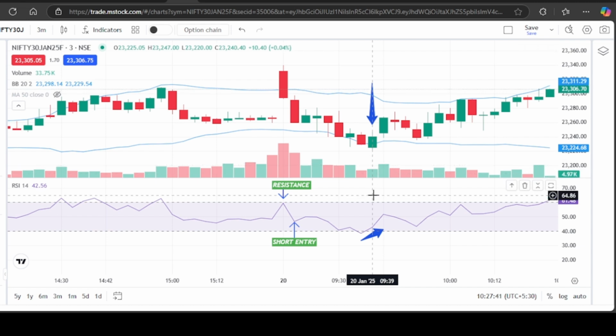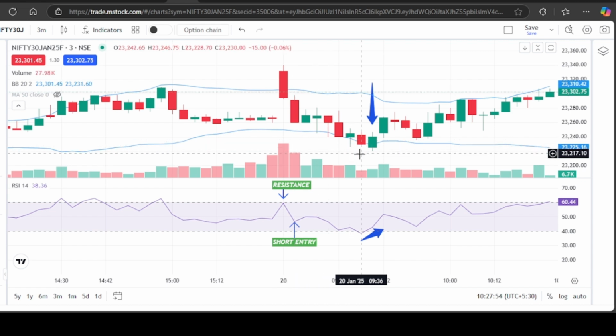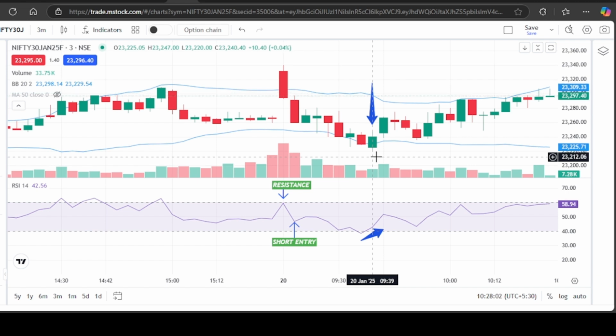Now 20 points is good, in a matter of how many minutes, 9:18 to 9:39. That means almost 20 minutes. So in 20 minutes, you have gained 20 points. The lot size of one Nifty futures is 25.